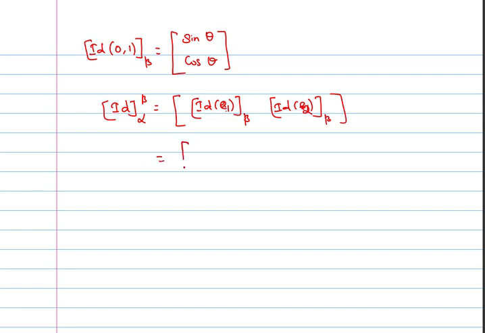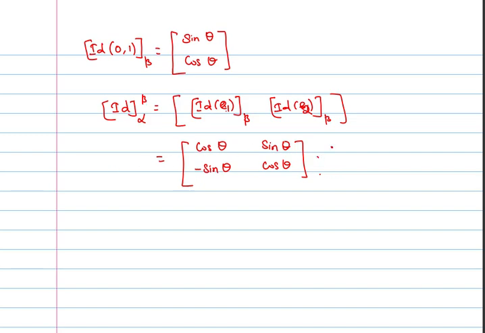So this is nothing but cos theta, sin theta, minus sin theta, cos theta. Here we are converting the basis from alpha to beta.